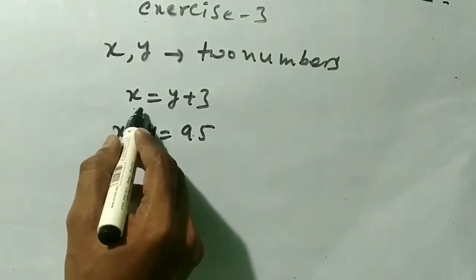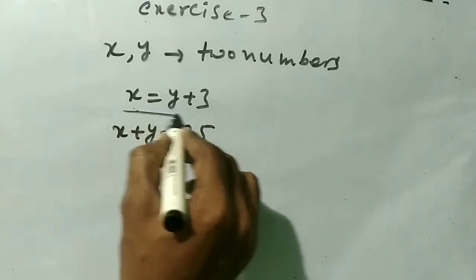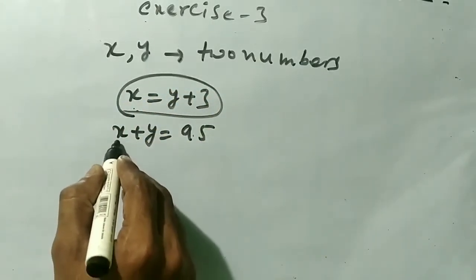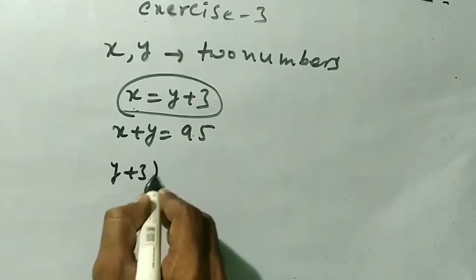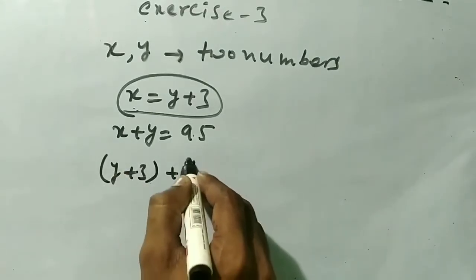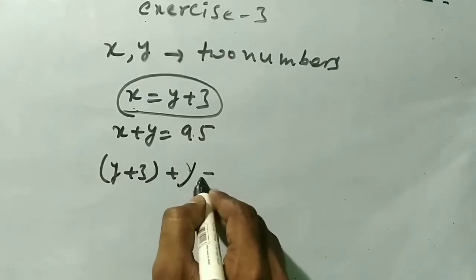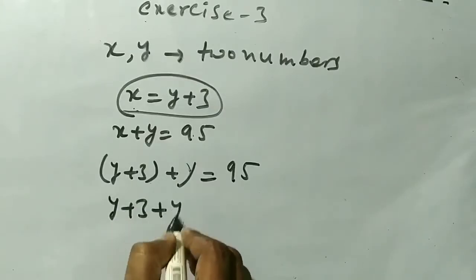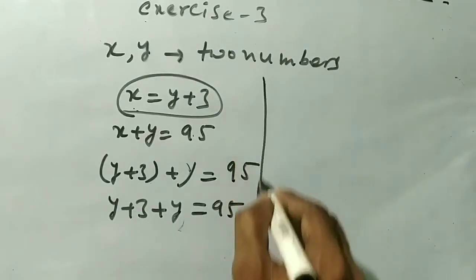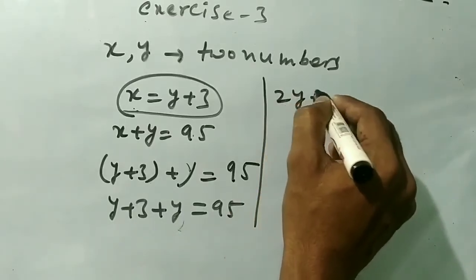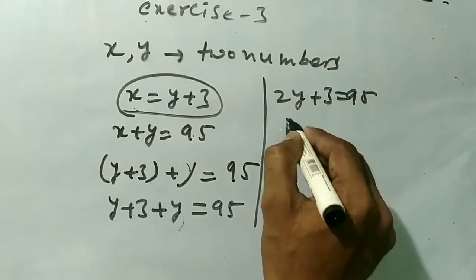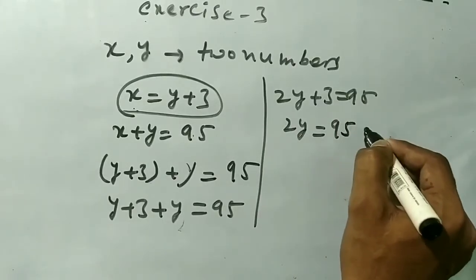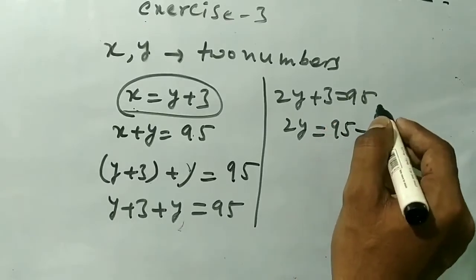So substitute this x value here. We know already x is equal to y plus 3. Substitute: y plus 3 plus y is equal to 95. Then y plus y is 2y, so 2y plus 3 is equal to 95. 2y is equal to 95 minus 3, because plus 3 becomes minus 3 when it goes to the RHS.